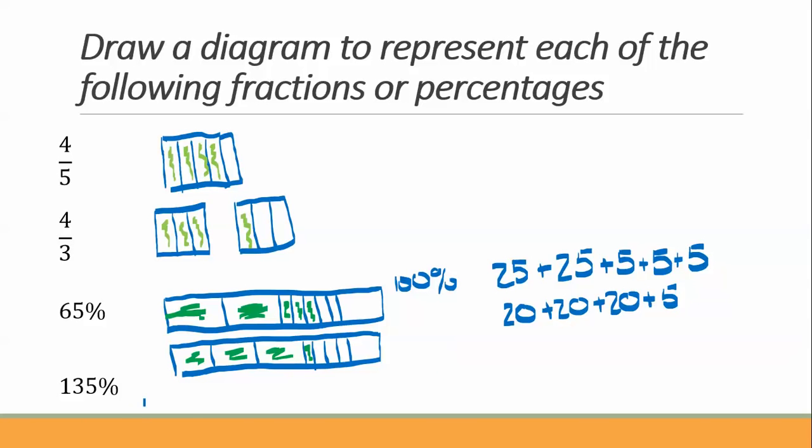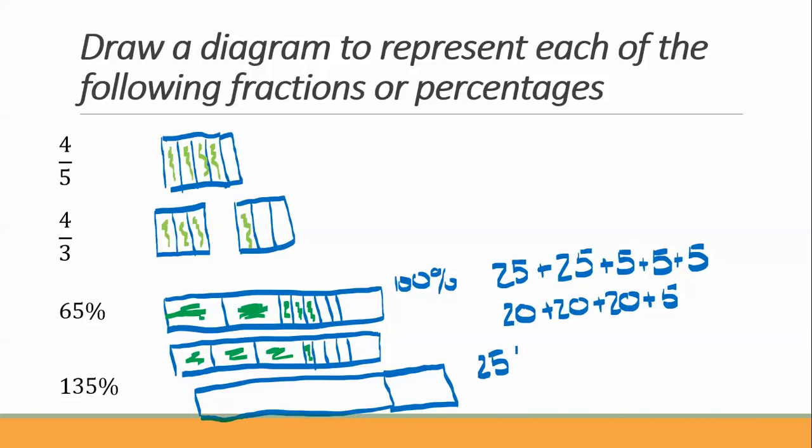So 135%, we're going to have 100%, and then we're going to add a little bit more. 135% could be 25 plus 25 plus 25 plus 25 plus, so that's 25, 50, 75, 100, 25 plus 5 plus 5.